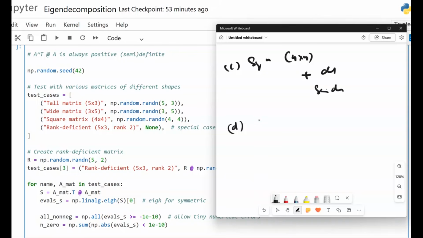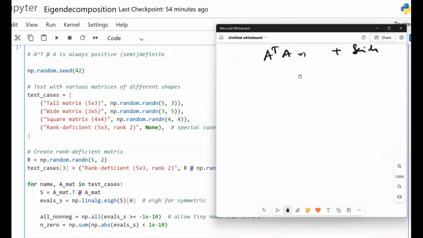Here, kindly just observe, dear friends, we have a 2 by 3 matrix, and the rank would be less than or equal to 2. And for A transpose A, it has at least 1 zero eigenvalue, that is, positive semi-definite. And here we are going to have a relation with the singular values also.